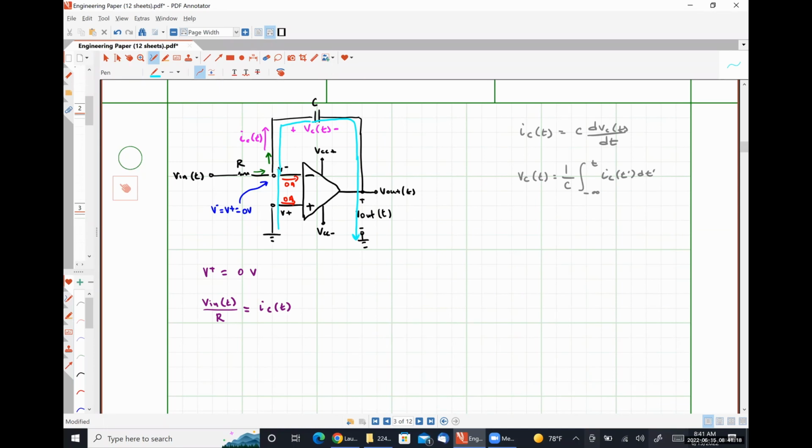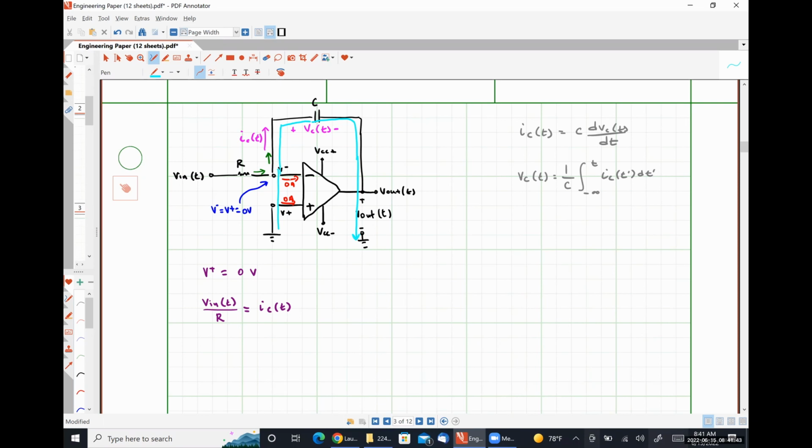So we start at ground and end at ground. Starting at ground, we see our non-inverting input terminal, and then we have to jump across to our inverting input terminal. But our voltage constraint equation tells us that there can be no potential difference, which means we have a voltage drop of 0 when we make that jump.